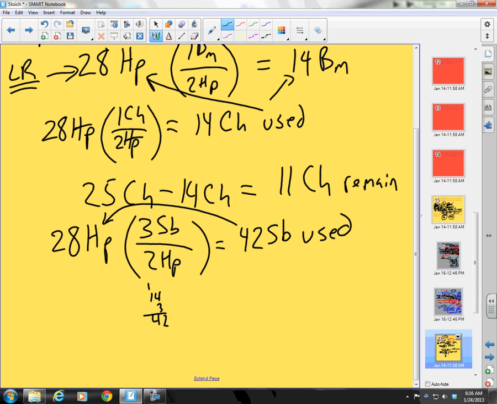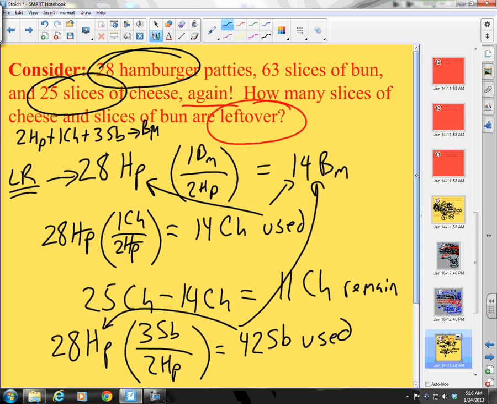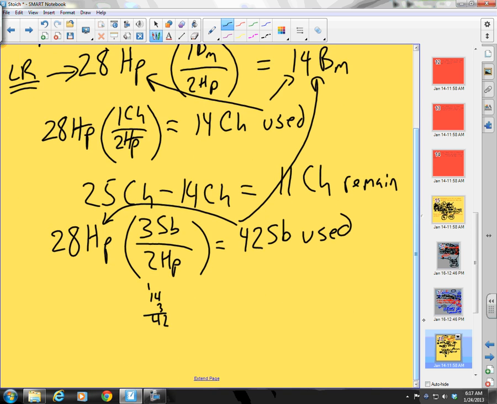Used how? Using up these 28 hamburger patties to make 14 Big Macs. Now, how many slices of bread did I start with? I started with 63 slices of bread. So I have 63 slices of bread to start with, minus 42 slices of bread which were used.